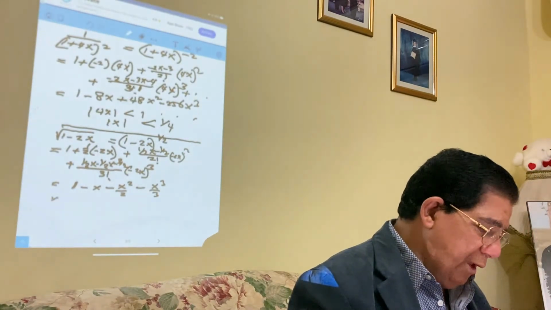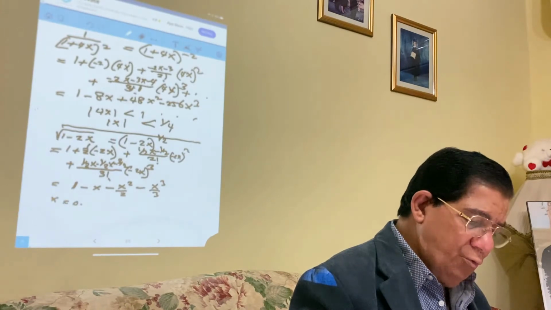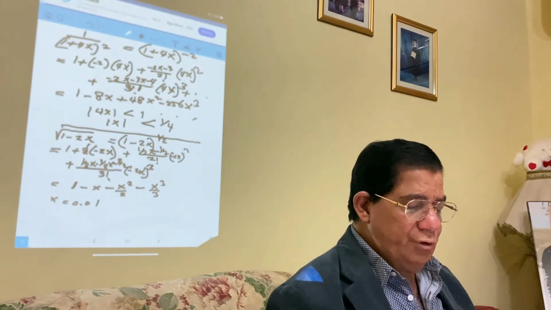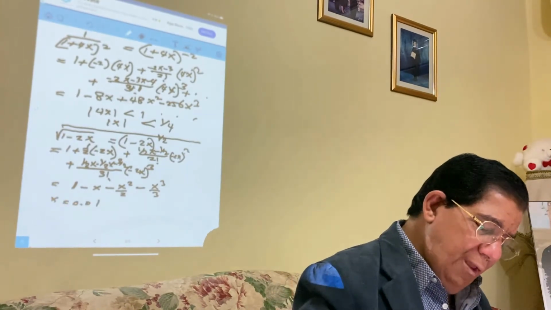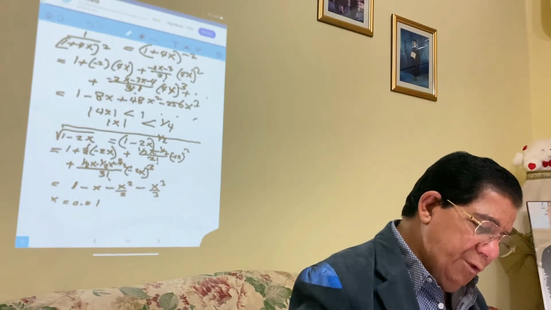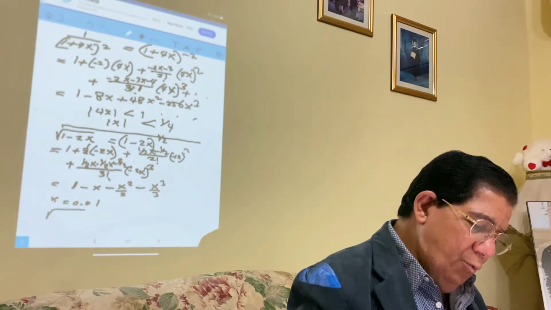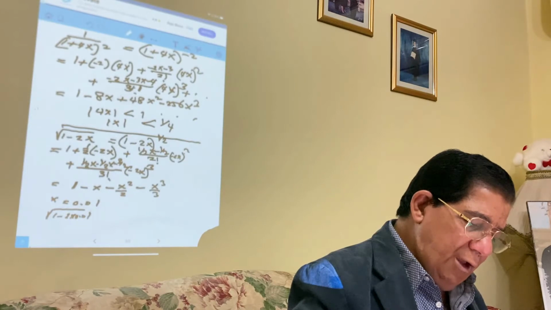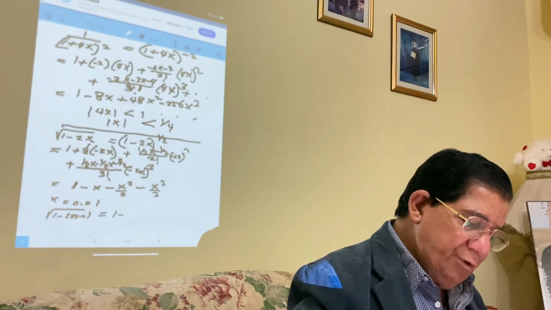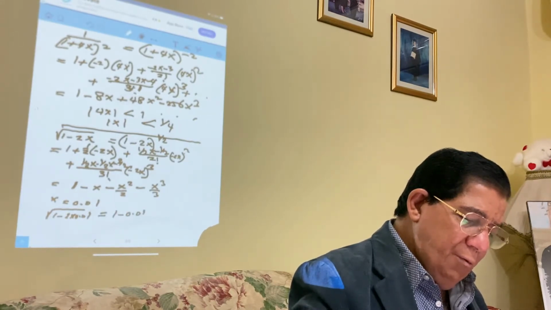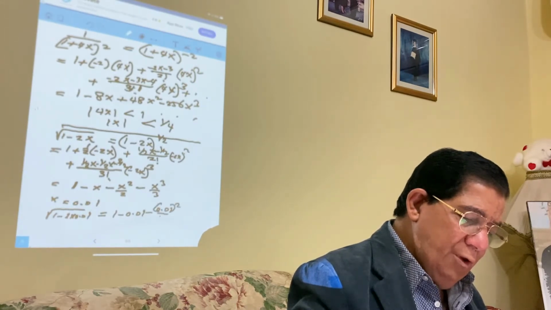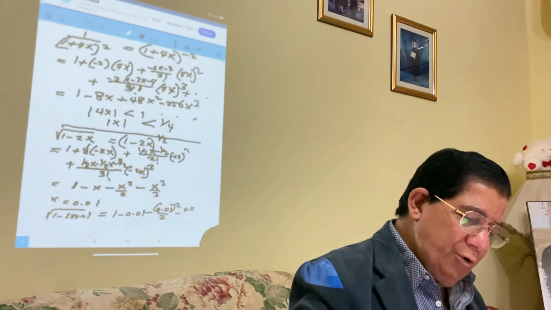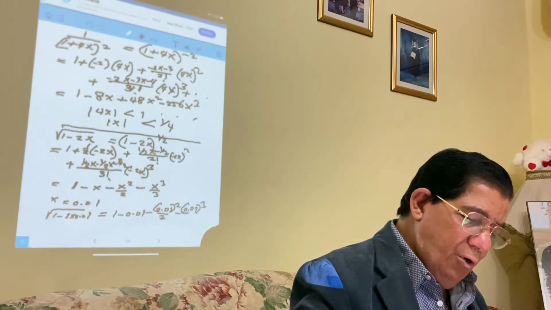If we substitute x equal 0.01 in both sides, then the left hand side would be the square root of 1 minus 2 times 0.01. On the right hand side would be 1 minus 0.01 minus 0.01 squared over 2 minus 0.01 cubed over 3.